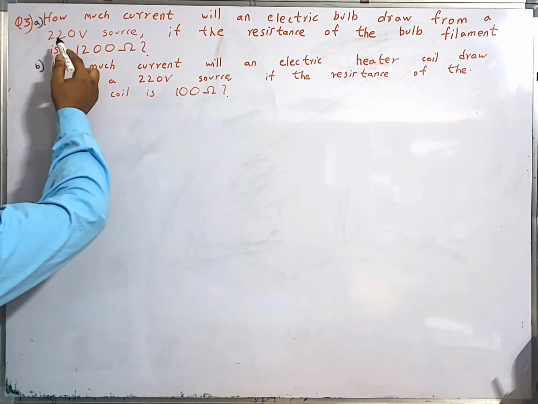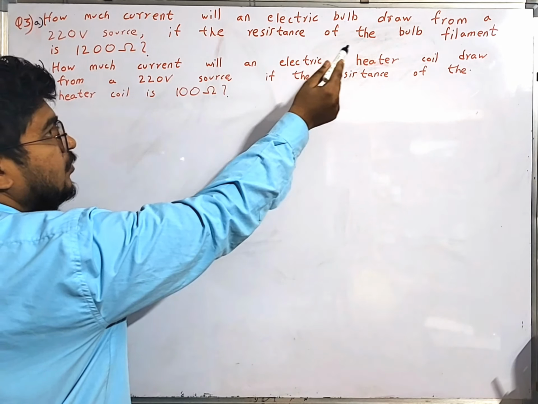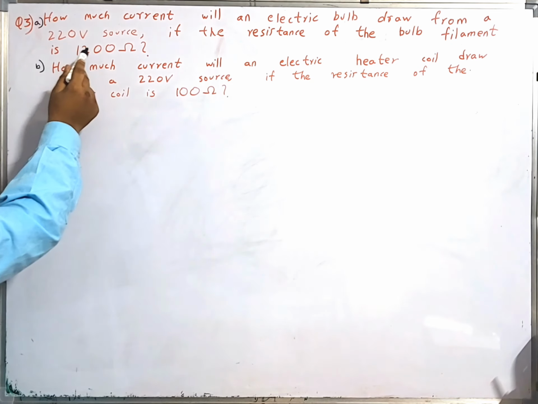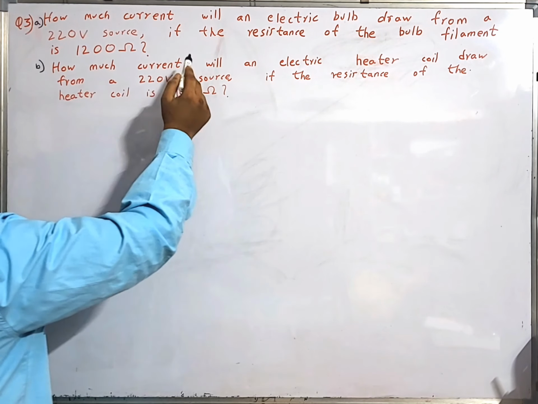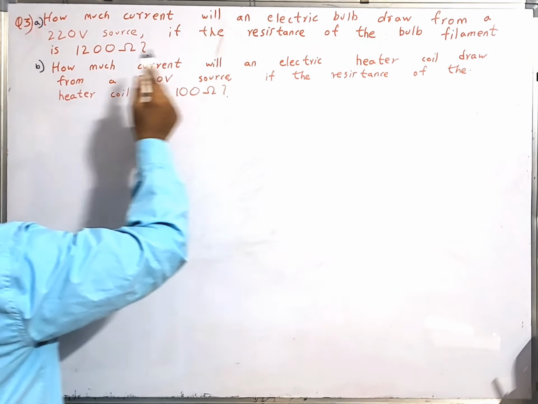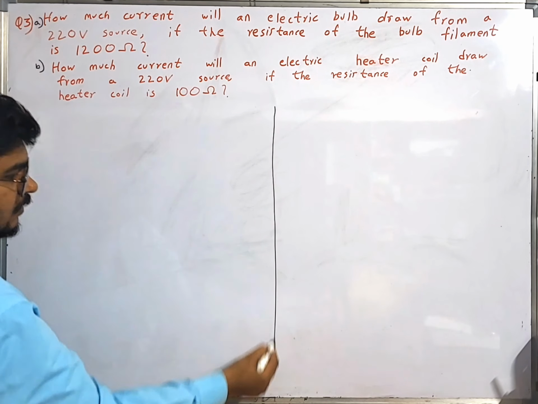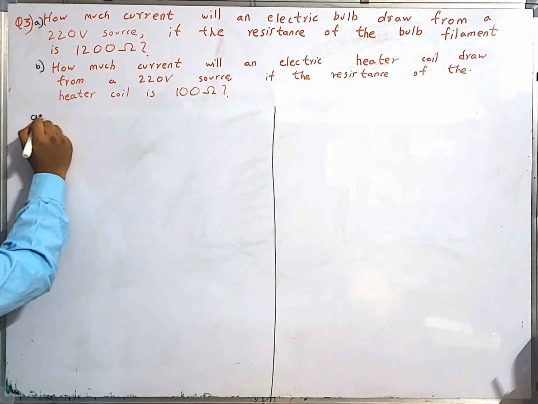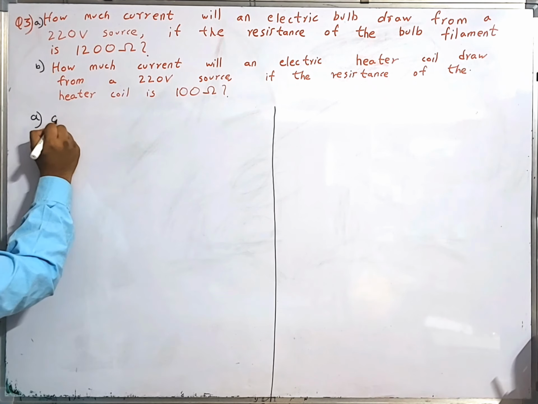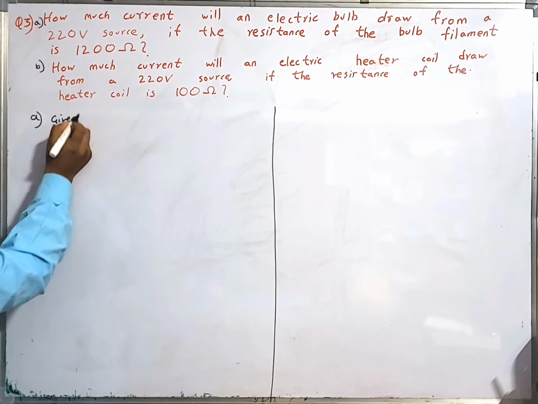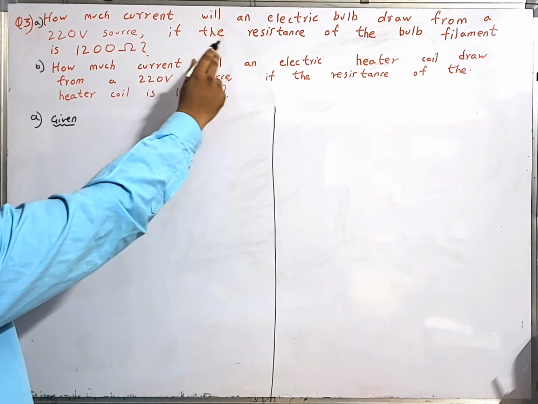Here's the next question. How much current will an electric bulb draw from a 220 volt source if the resistance of the bulb filament is 1200 ohm? The given values are, how much current will an electric bulb draw?